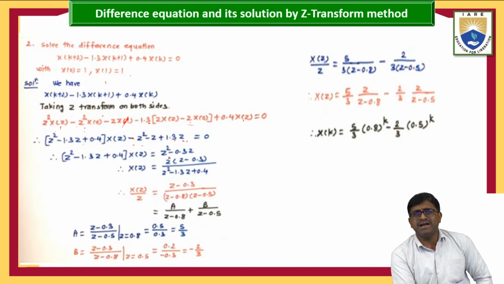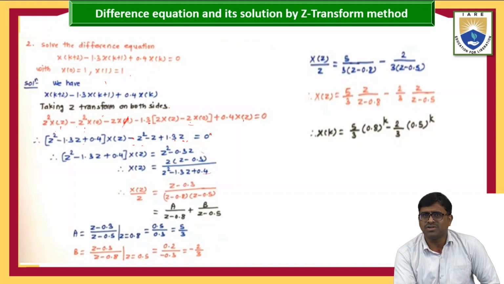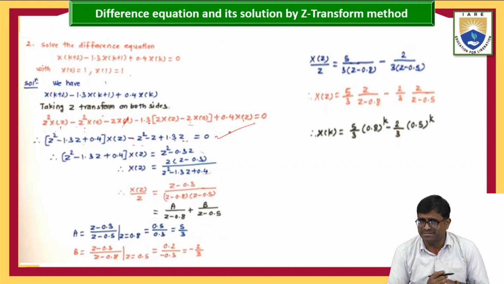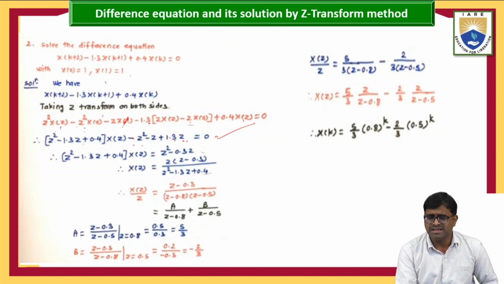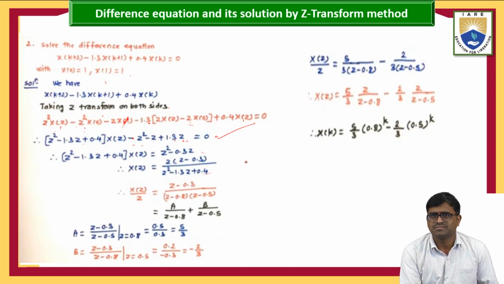Why am I taking this expression? Because for the solution of this expression, we are going for the partial fraction method. In the case of the partial fraction method, the LHS will be in the form of x of z by z.